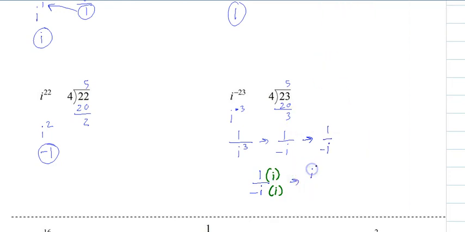So that's i over negative i squared, which is i over 1, which is just i, because negative times negative 1 gives us 1. That's it.